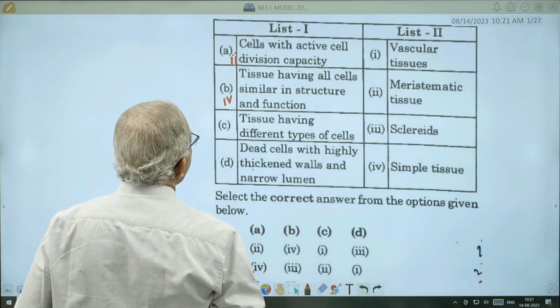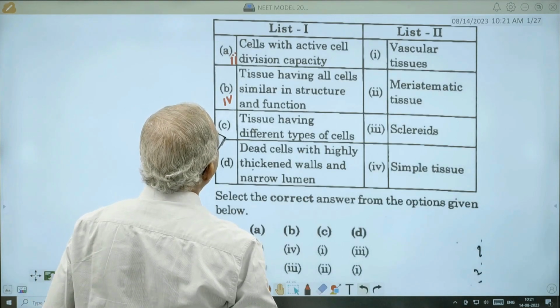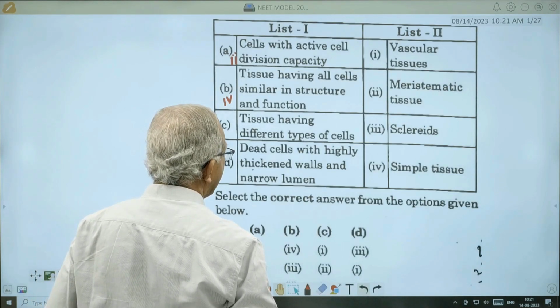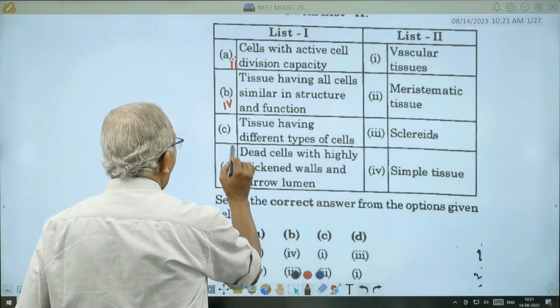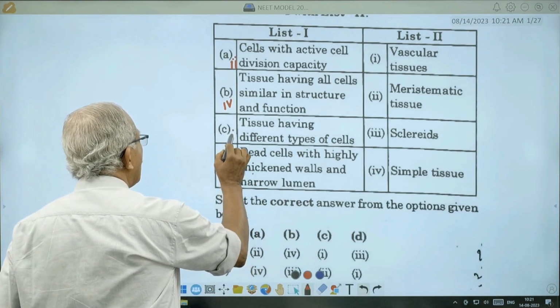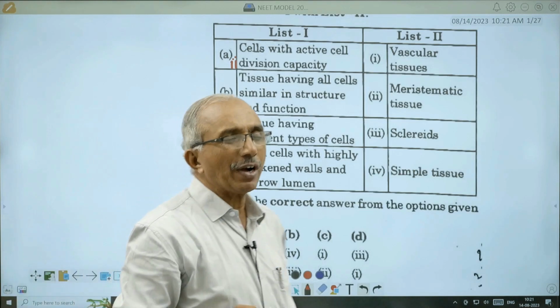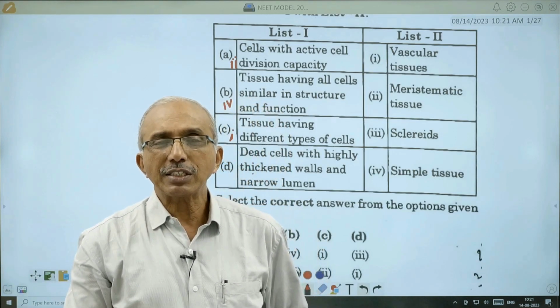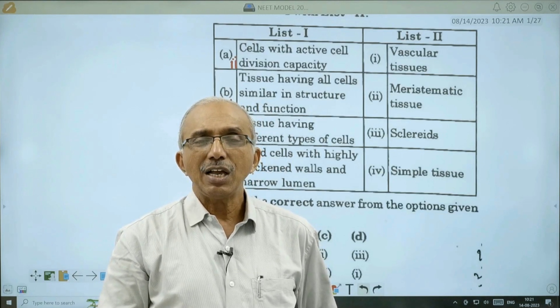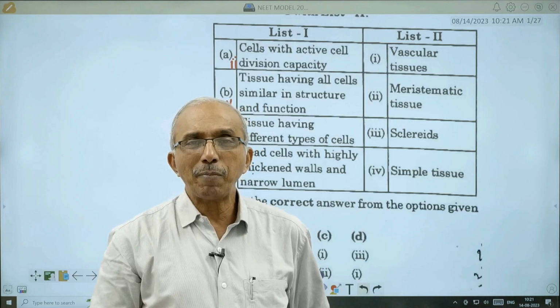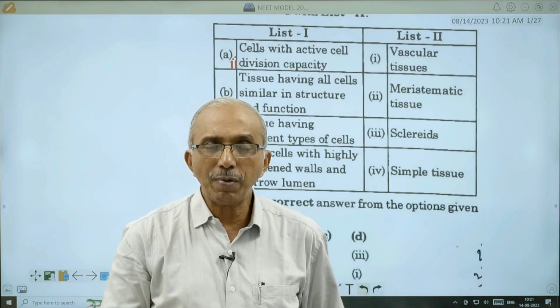Tissues having different types of cells are vascular tissues, because vascular tissues have different types of components. For example, xylem has 4 components: tracheids, vessels, xylem parenchyma, xylem fiber.